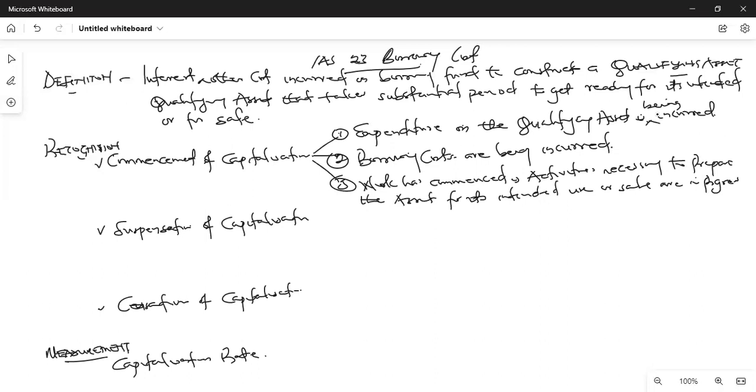Now, what we should know here is that there comes a point where you will have to suspend the borrowing cost. You suspend the borrowing cost if there is any kind of stoppage, any kind of period where you have to pause on the construction that you are doing. If the basis for you stopping is not actually part of the technical process of the construction, then it means that you need to also stop capitalization costs.